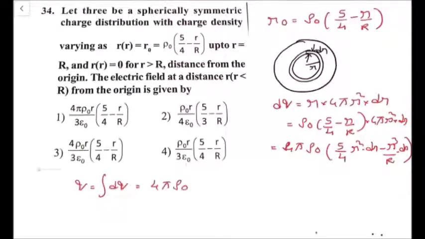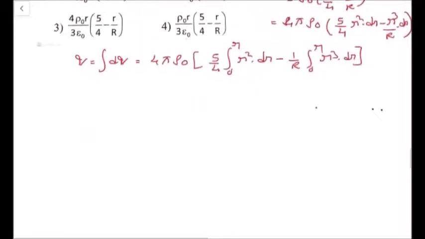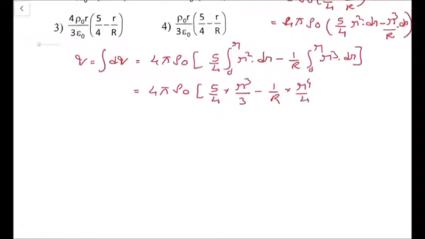So 4 pi rho naught is a constant, 5 by 4 also constant, integral 0 to r of r square dr minus 1 by capital R into integral 0 to r of r cube dr. So this is 4 pi rho naught 5 by 4 into integral r square dr, nothing but r cube by 3, limits from 0 to r, means you will get r cube by 3 only, minus 1 by capital R into integral r cube dr, nothing but r power 4 by 4.